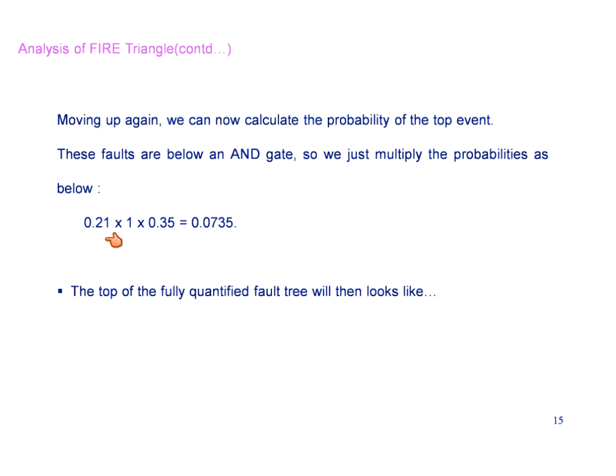See, 0.21 is the fuel contribution, 1 is the oxygen contribution, and 0.35 is the ignition contribution. So if you multiply, you will get 0.0735. That is 7.35% in terms of percentage. Understand? This is the probability of fire to occur in that company based on the given data here.